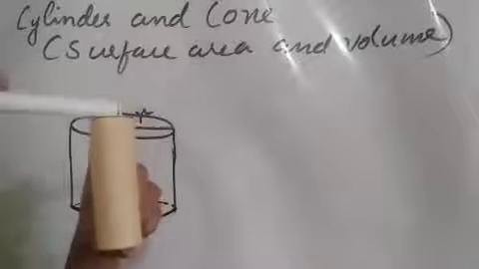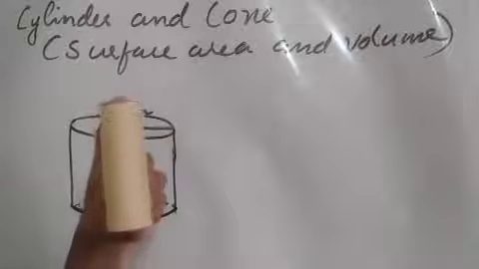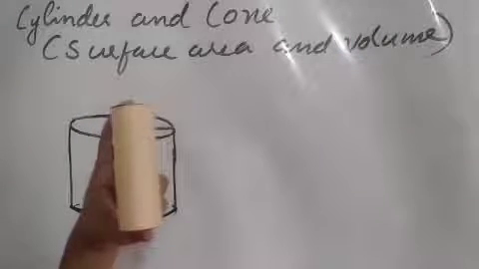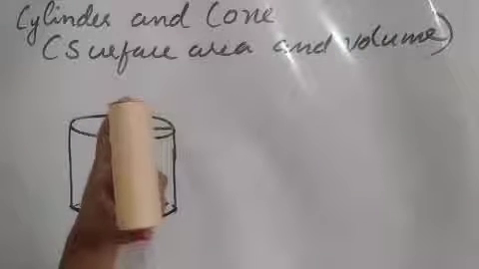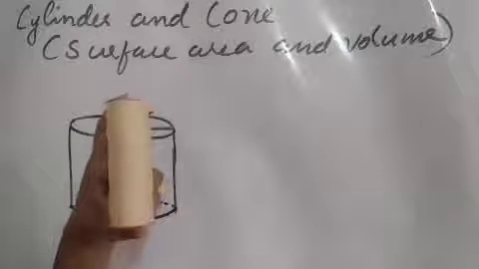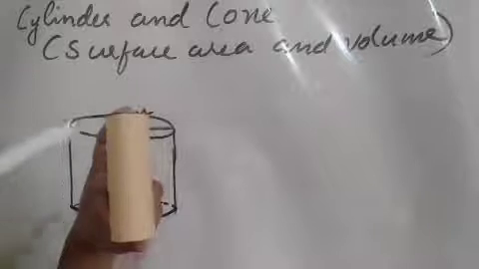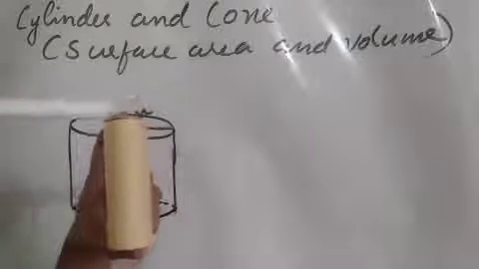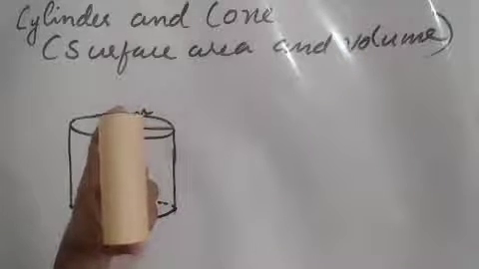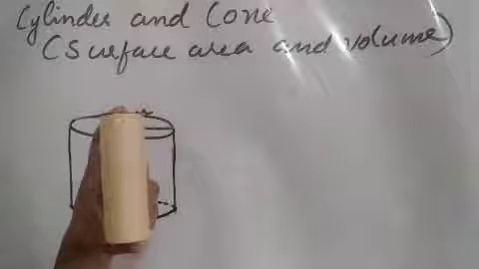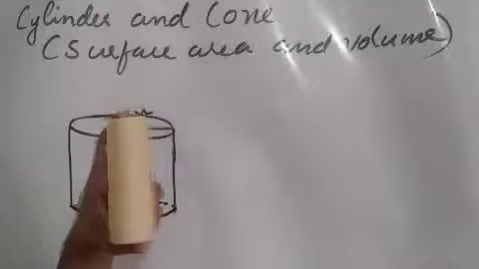There are 3 faces for a right circular cylinder. Let us calculate the surface area of the cylinder. If we wrap a paper around this cylinder and open it up, and also cover the top and bottom with paper and open it, let us check what is the shape of the three.